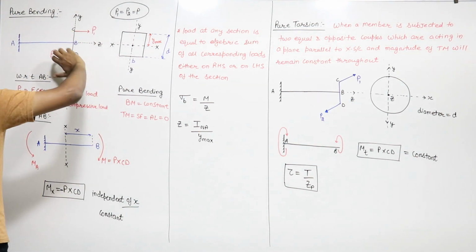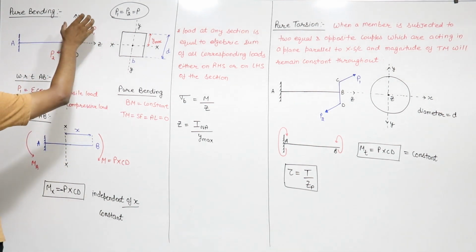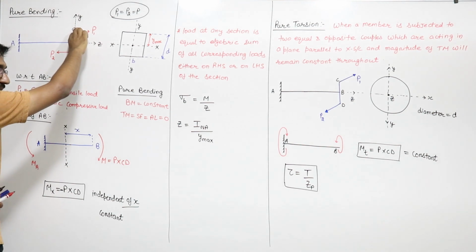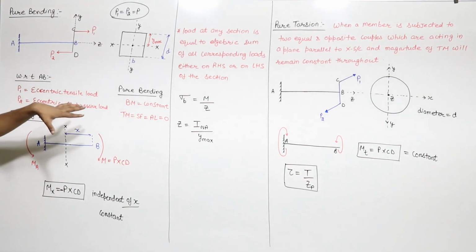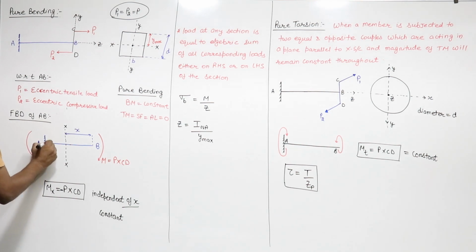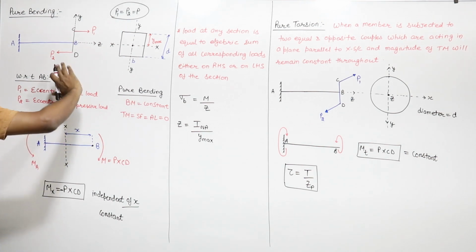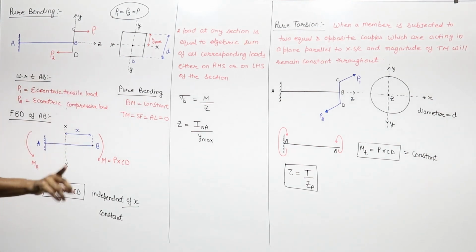The couple given by P1 and P2 has a value equal to load into perpendicular distance, that is CD. So this couple will be a bending couple. P1 and P2 will give us a bending moment. The value of that bending moment is P into CD. Why a bending couple?